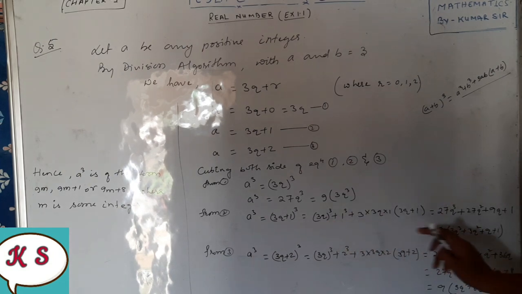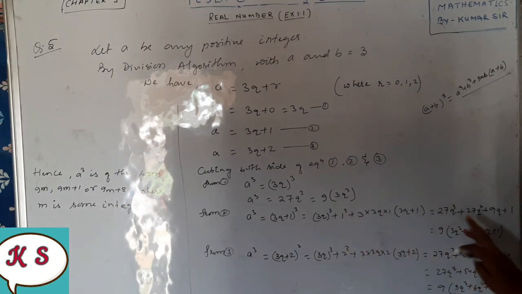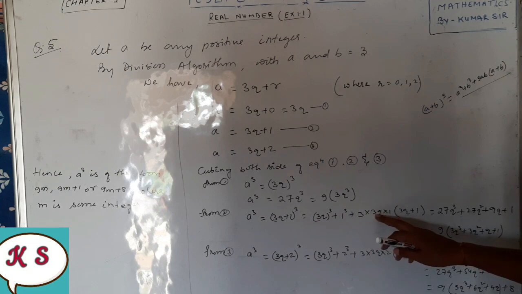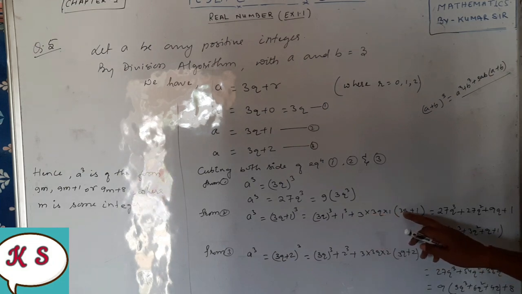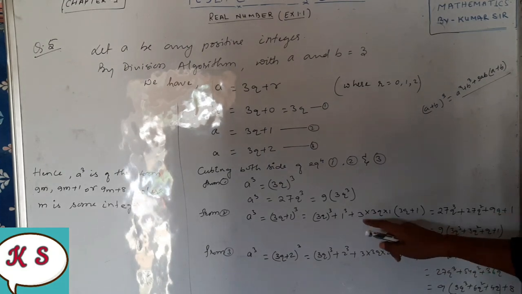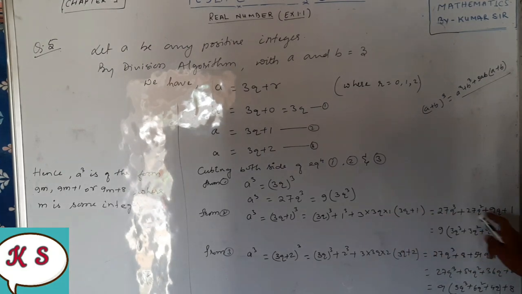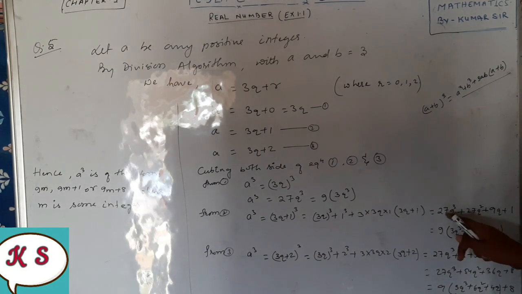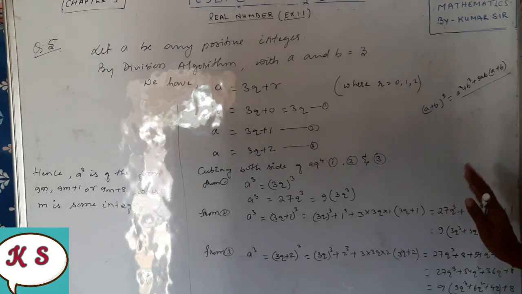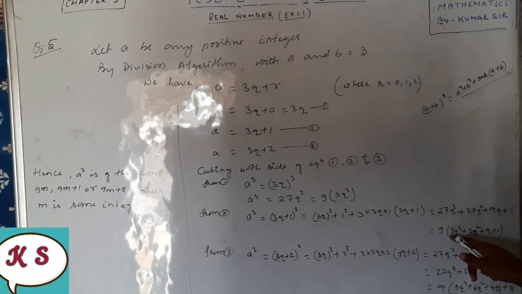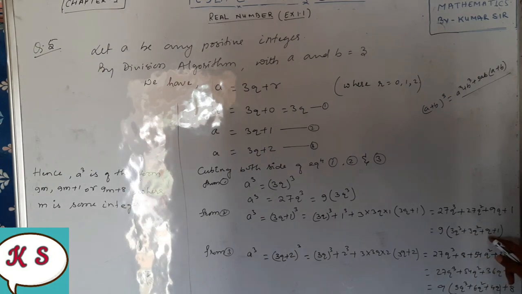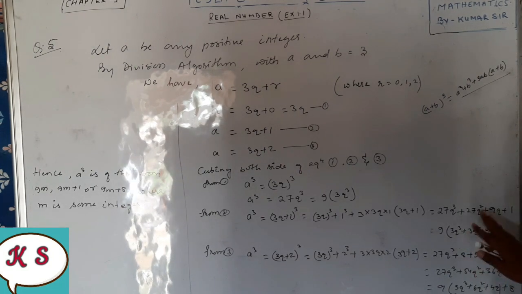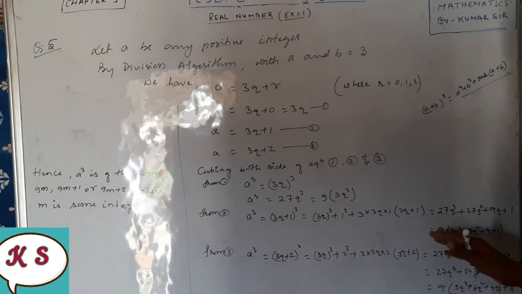So 27q cube, 1 cube is 1 only, then 3 into 3 is 9, and into 3q is 27q square, plus 9q, plus 1. Here 9 is common, so we have taken 9 common. What will be left? 3q cube plus 3q square plus q, plus 1.